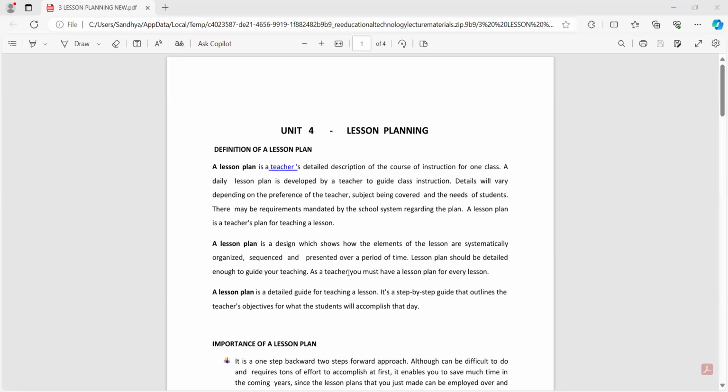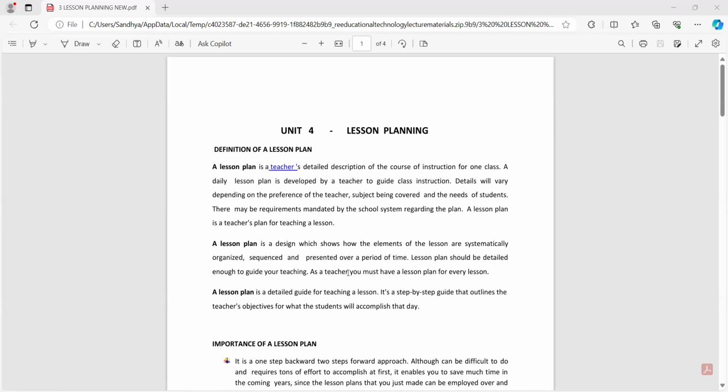So a lesson plan is a description of what the students will be able to do at the end of the lesson and how you're going to get the students to achieve it. So these three definitions of lesson plan, if you take the key ideas, you can formulate your own definition for lesson planning.